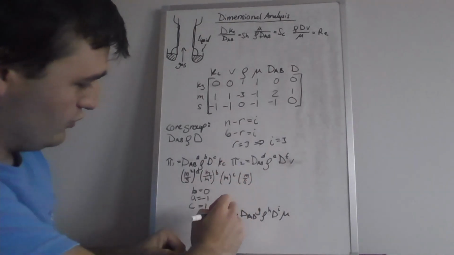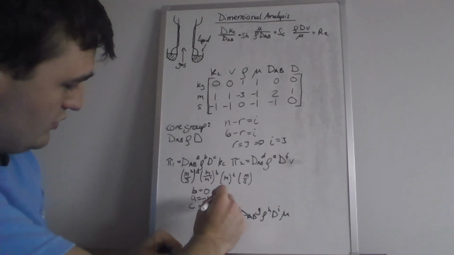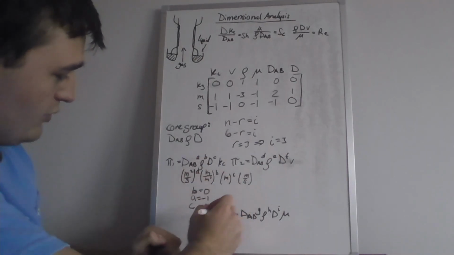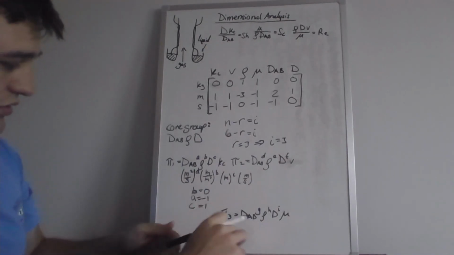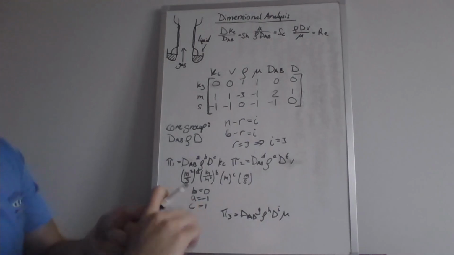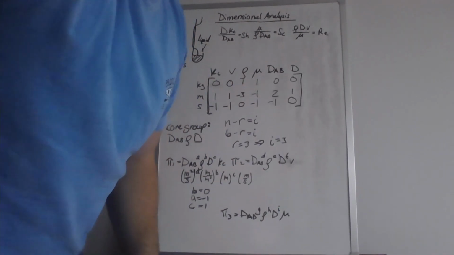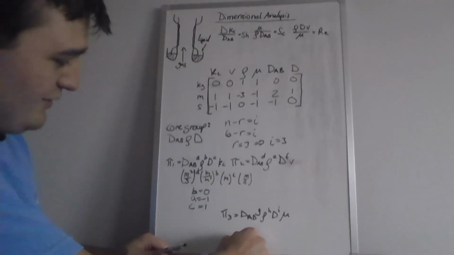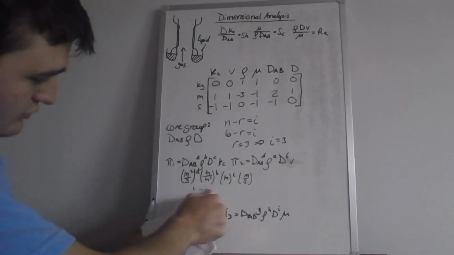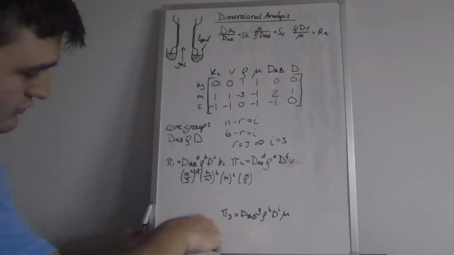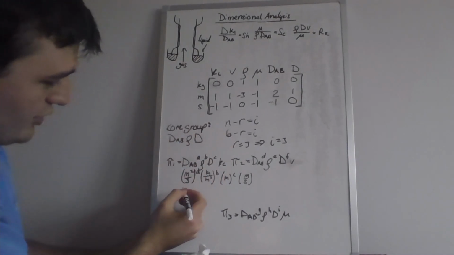We are going to put those in for this equation. I didn't put a large enough whiteboard. We know A is -1, B is 0, and C is 1.